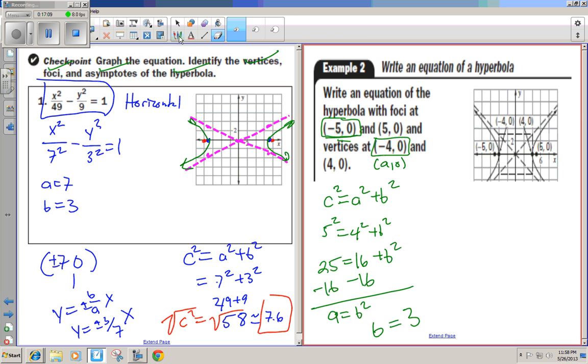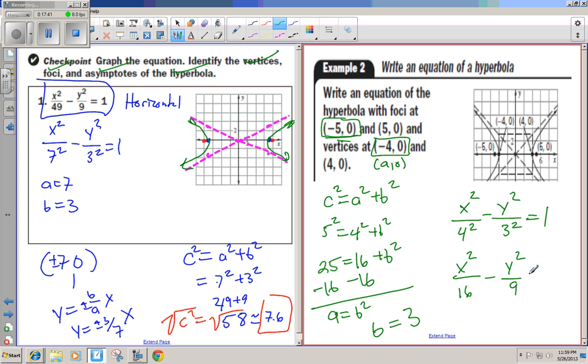It's a horizontal hyperbola, which means the y squared gets the negative. That also means then the a value is always just the first one here. So the a value is 4 squared. The b value is 3 squared. So my equation is this. This is your final equation.